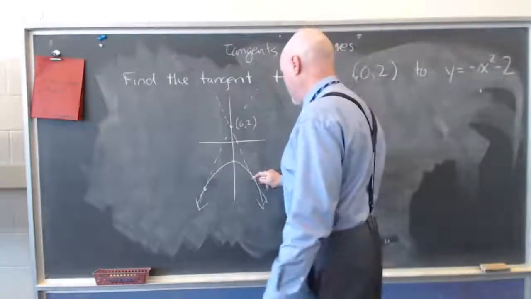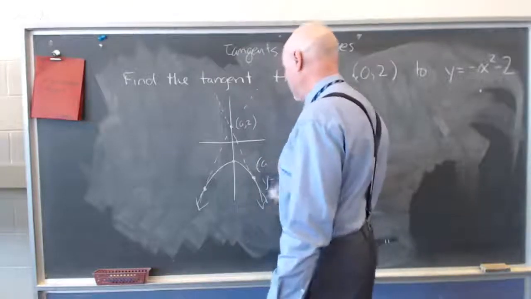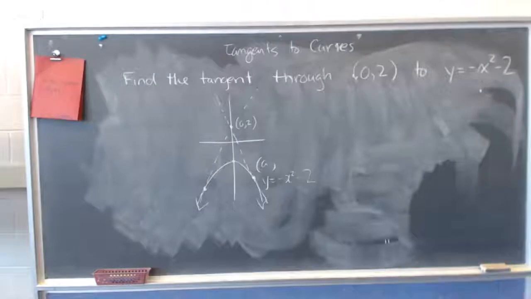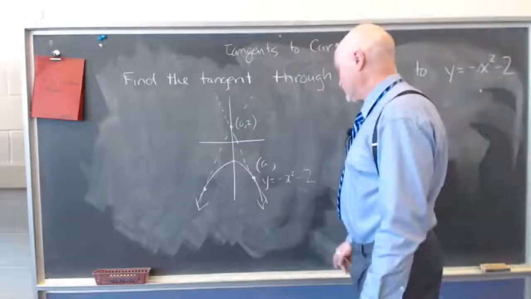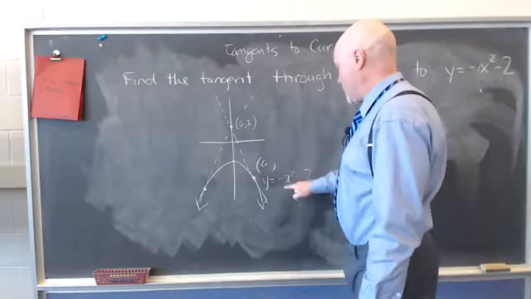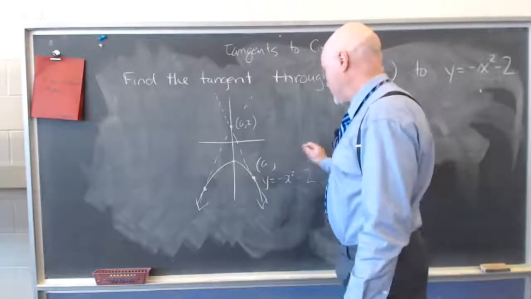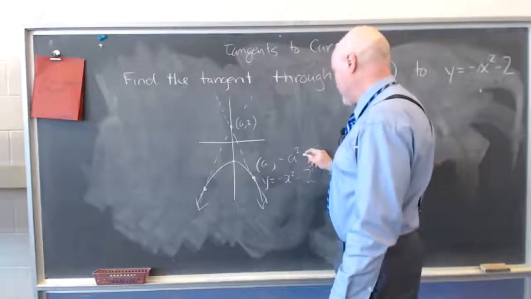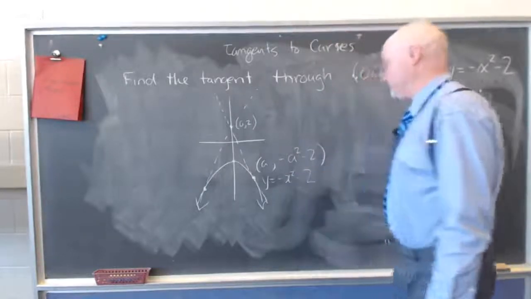Okay, let's put that point as A. So it's got the x coordinate of A, and we don't know what the y coordinate is, right? So what we're going to do is put A into our equation. We're going to say it's negative a squared minus 2.